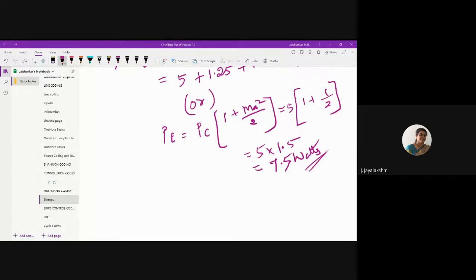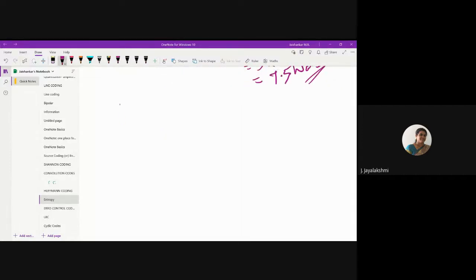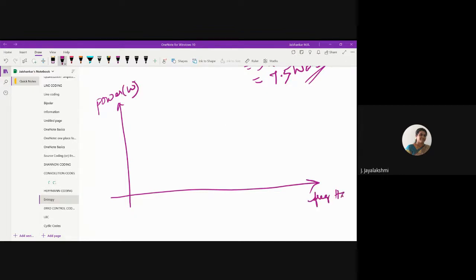So what is the last part of your problem? The last part of the problem is you are supposed to draw the power spectra. So the power spectra will have power in watts on the y-axis and frequency in hertz. How many components are there? There will be 3 components. One is the carrier component, and the other 2 are the sideband components.